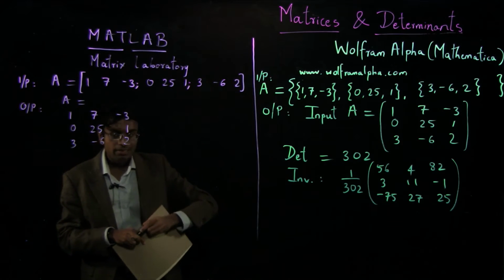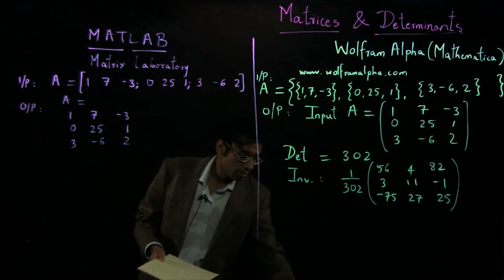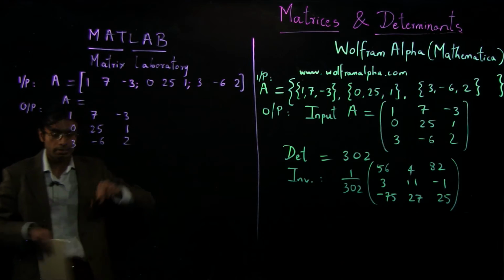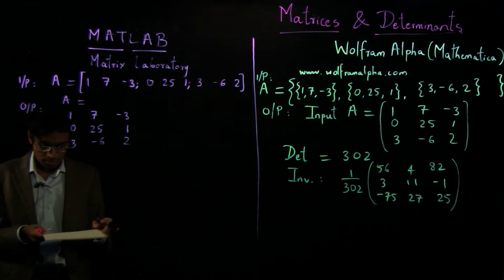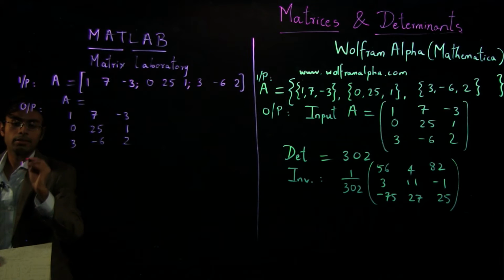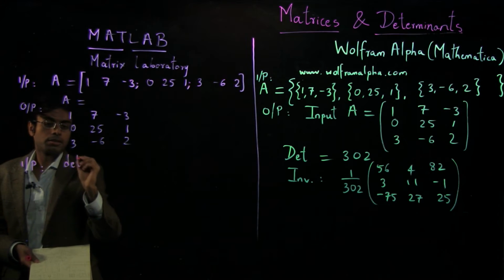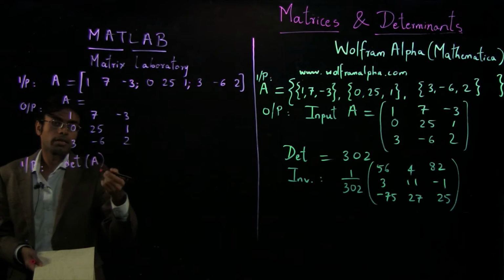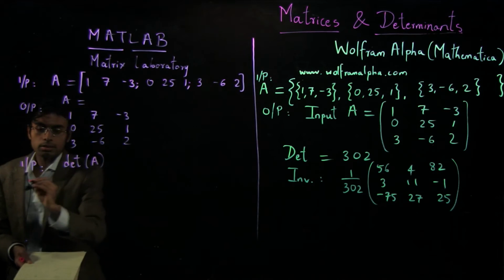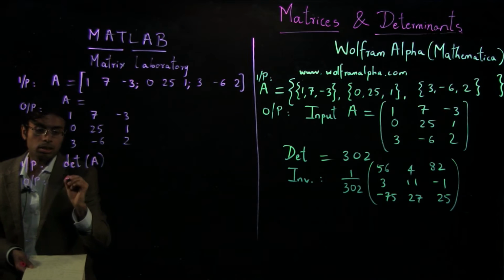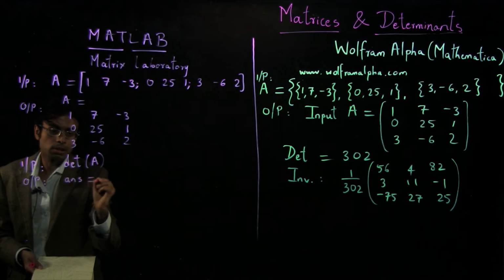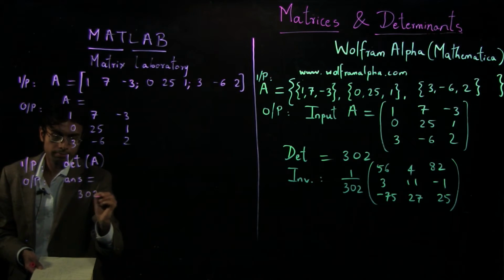And then, well, can Matlab handle it? Yes, it can. Clearly it can handle this, but you have to give it a special command. So again, input, you write it as determinant of A and press enter. The output will be answer equals 302.